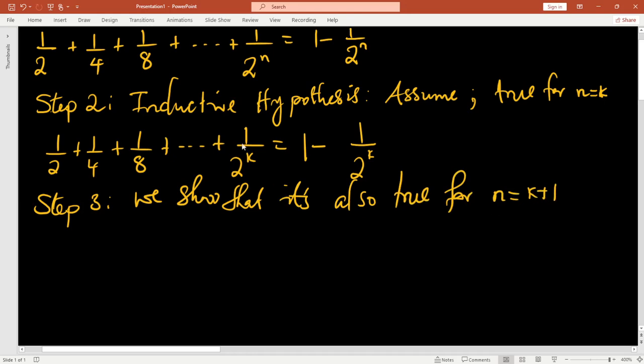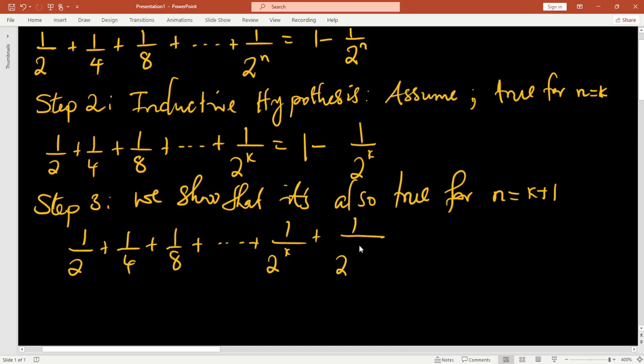Meaning that if we add a new term to the already existing terms, this expression should remain true. So here we have 1 over 2 plus 1 over 4 plus 1 over 8 plus ... plus the k term, which is 1 over 2 to the power k, plus now the k plus 1 term, which is 1 over 2 to the power k plus 1, where there's k we put k plus 1, equal to 1 minus 1 over 2 to the power k plus 1.